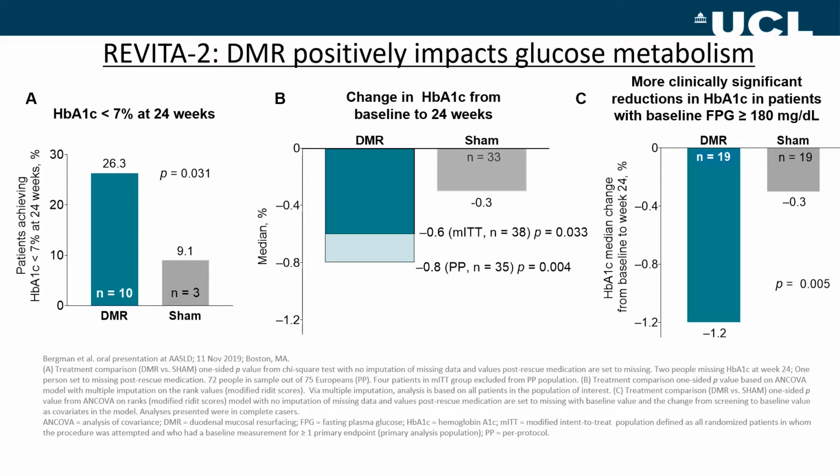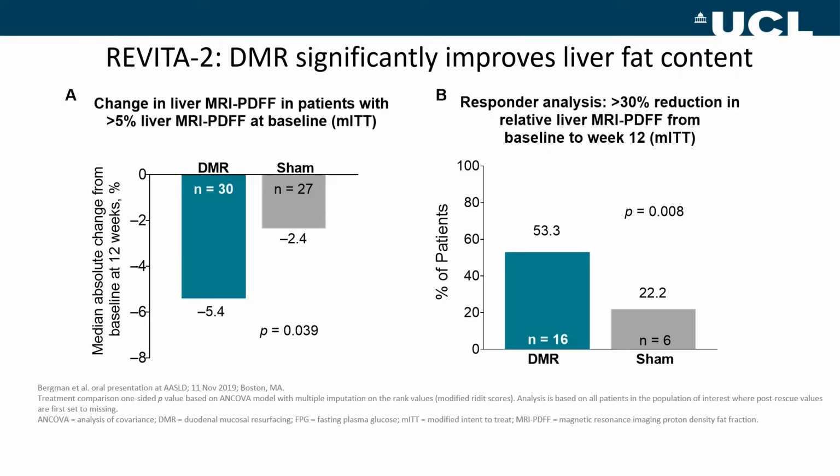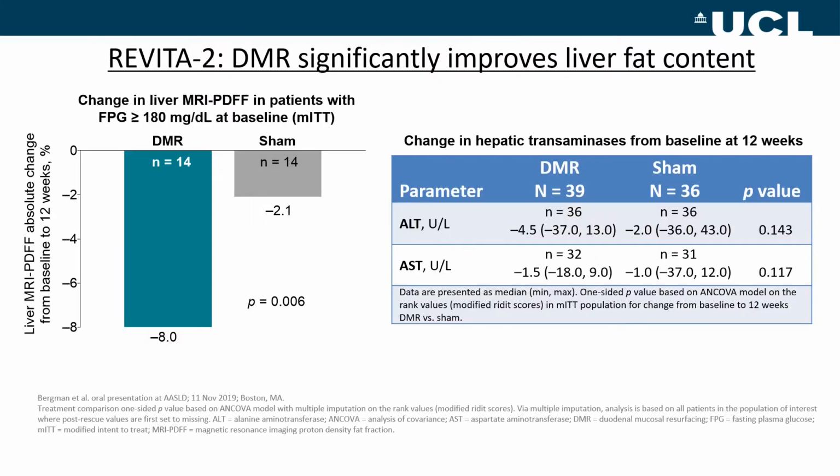And you can see here, ladies and gentlemen, that compared to the sham procedure, the proportion of patients achieving an A1C of less than 7% was significantly higher. And this was at 24 weeks, also significant and also seen with the fasting plasma glucose. In the same randomized control sham trial, we showed that the reduction that we had seen in the initial human data in terms of liver indices, but also MRI fractions, was also seen in the DMR cohort compared to the sham cohort.